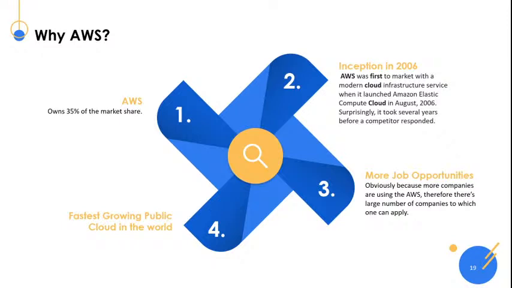Like I told you, the first cloud computing business was AWS, it came in 2006, and it took almost 7 years for a competitor to respond. Azure came around 2012, and in the next year, Google Cloud came. So till this time, AWS was ruling alone.